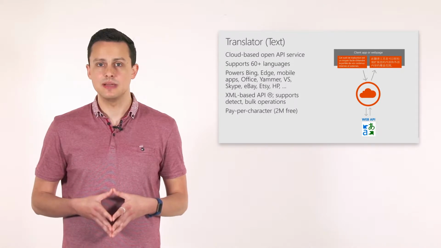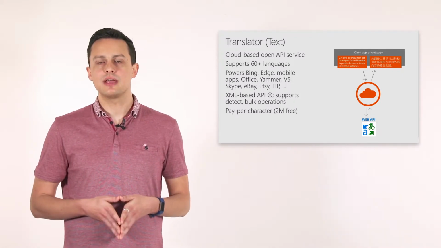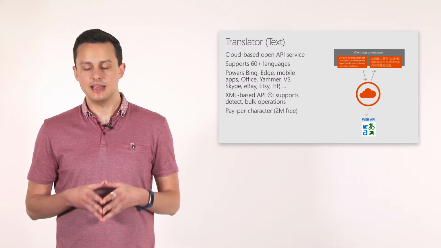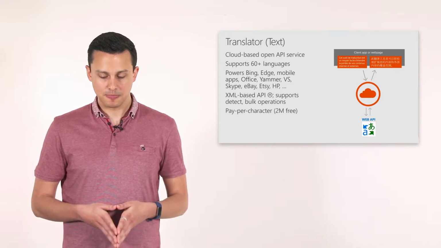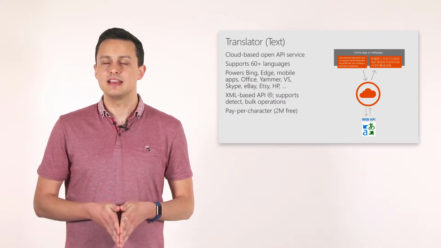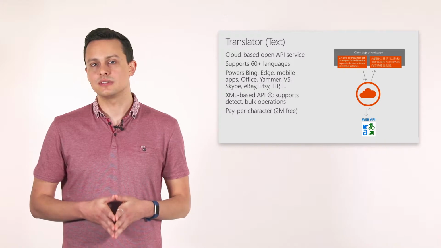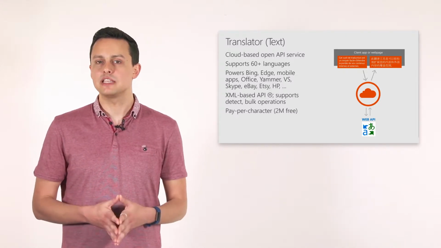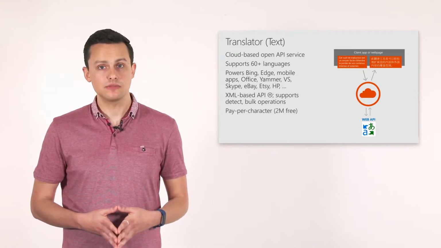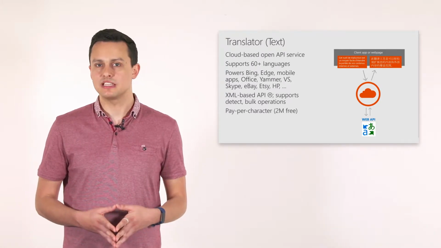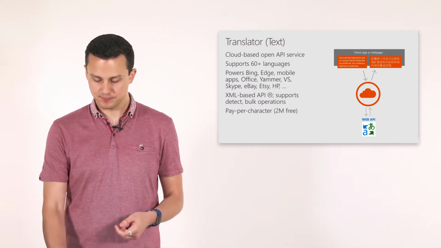It allows us to submit a message in one language and receive a translated version in a specified other language. One thing to watch out for here is that this is the only cognitive service that has a traditional XML-based API. It's still a RESTful service, but you will need to work with XML to post messages to it.